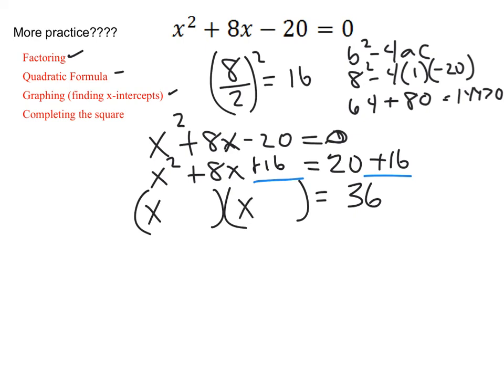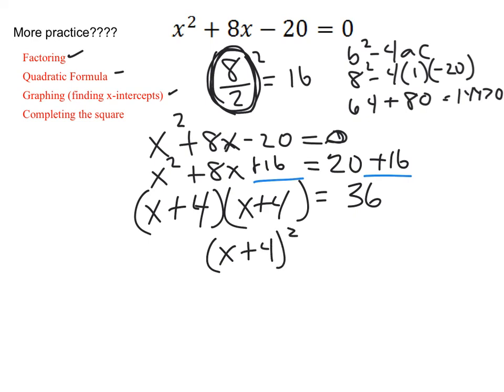I need two numbers that multiply to 16, but add to 8. Well, that's pretty easy. It's 4, but again, I didn't have to guess that. This number before I square it is always this number that I'm going to put in my factors. And right here, when I write this once and square it, because it's the same factor always, that's the square of completing the square.